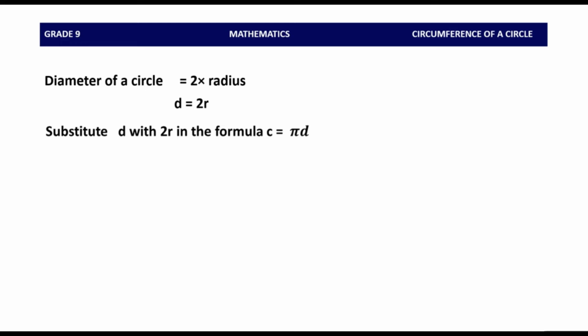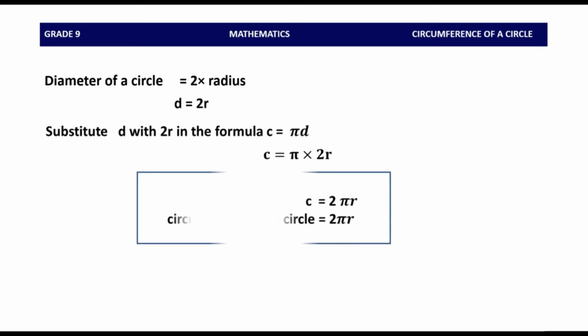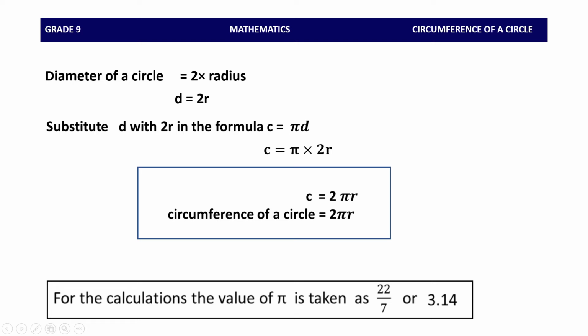Then C equals pi multiplied by 2r and we get the formula C equals 2 pi r. The circumference of a circle is 2 pi r. For the calculations, the value of pi is taken as 22 over 7 or 3.14.